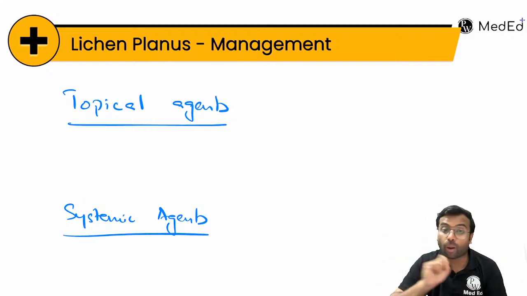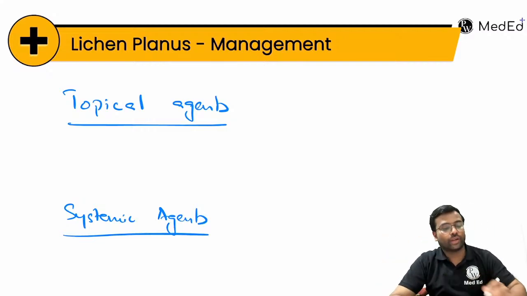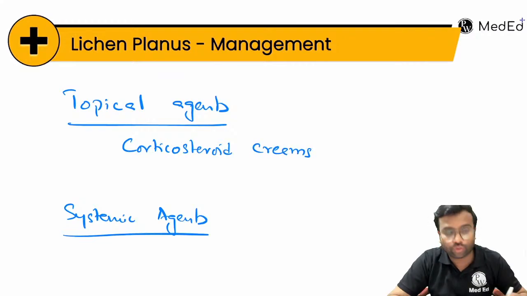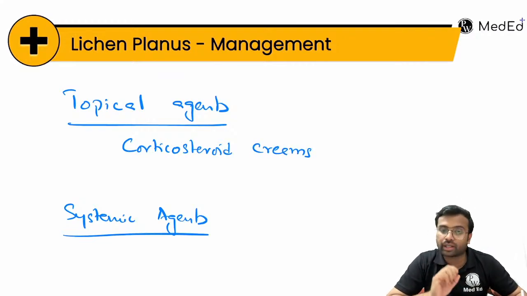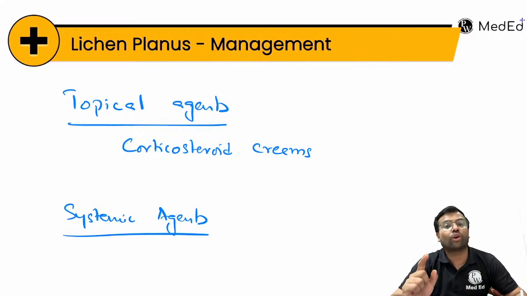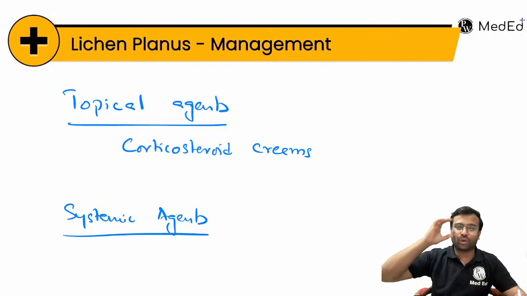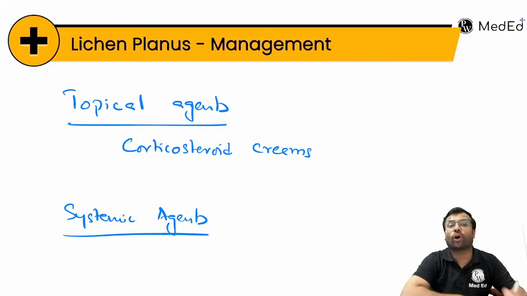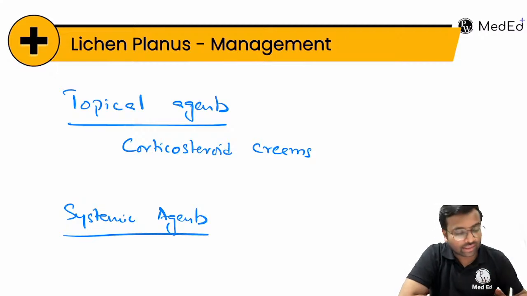For topical agents, we can go for corticosteroid creams. Or we can also go for one more thing, which I have already discussed in the last class. Whenever you don't want to use the steroid cream for a long time, there is one alternate choice for us. That is calcineurin inhibitors.